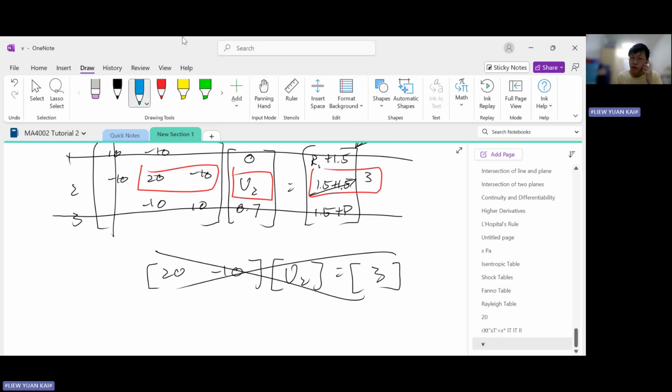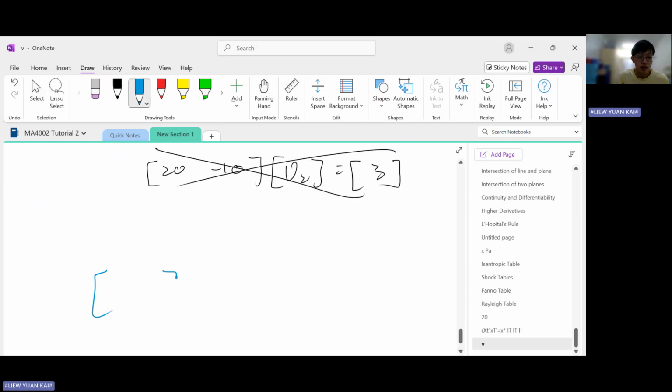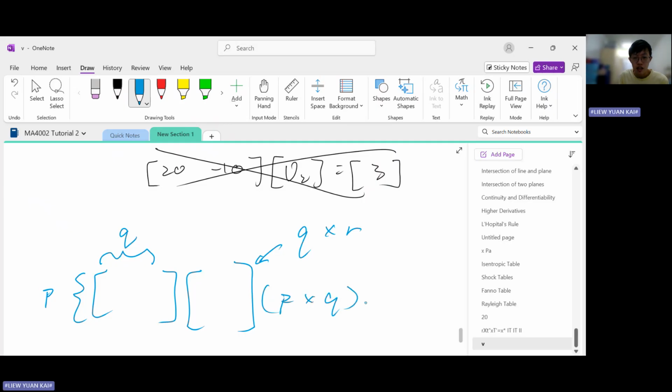Because if you remember, for two matrices to be able to multiply, if let's say the dimension here is P by Q, then the dimension of the next matrix must be Q by R. So you see, P by Q times Q by R. The dimensions here must match, and at the end of the day, they will produce a P by R matrix.